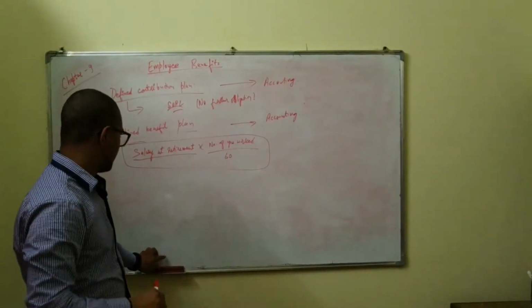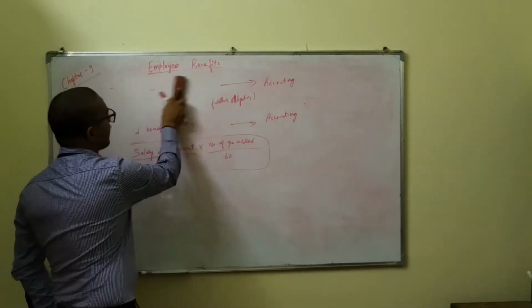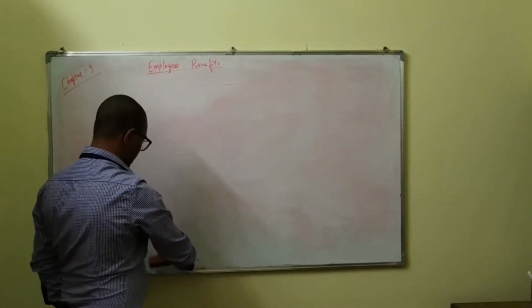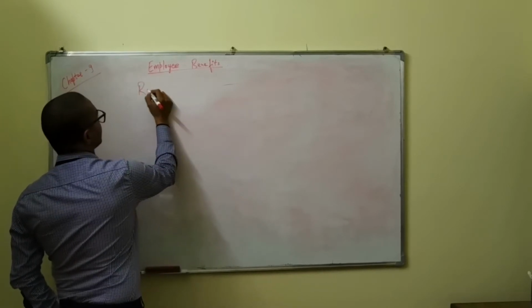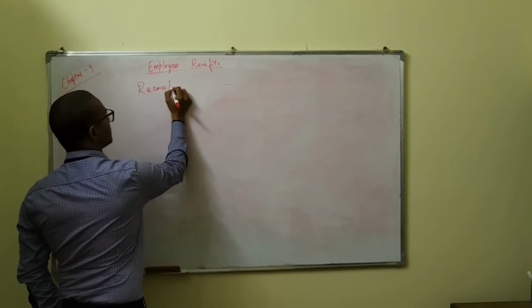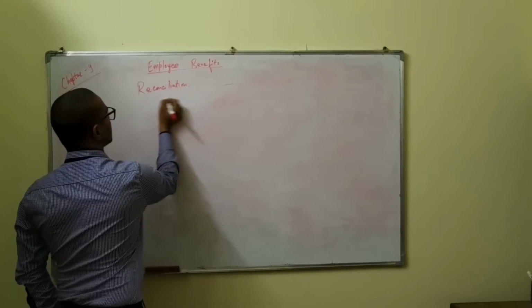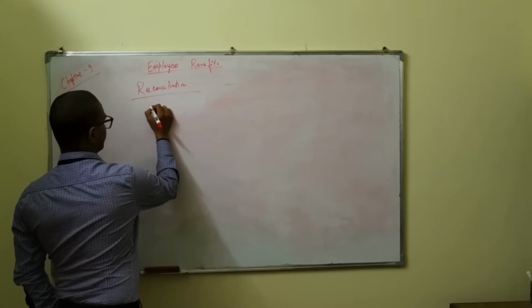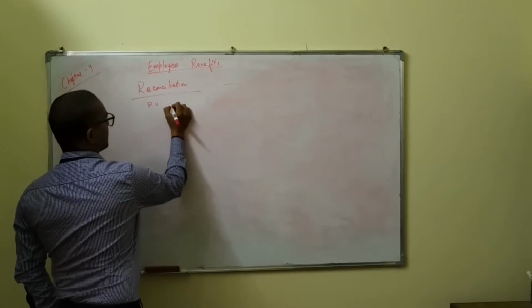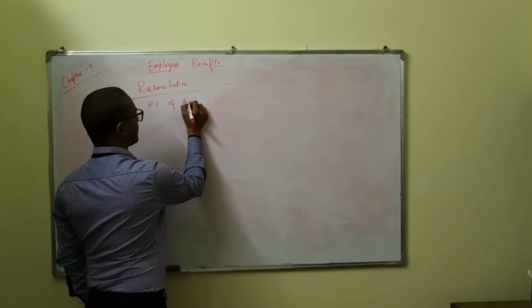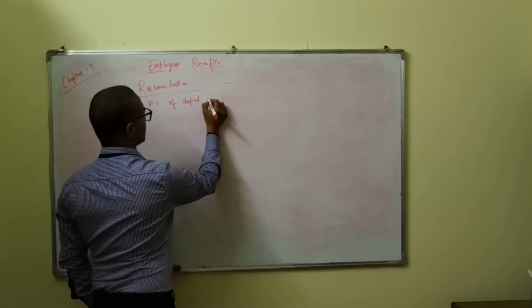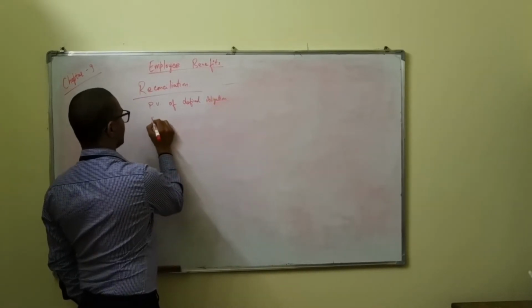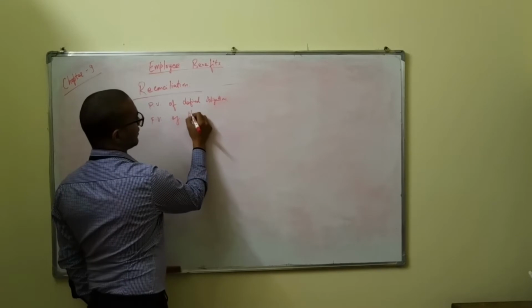So what we will do is make a simple format, which we'll call reconciliation. Present value of obligation, fair value of plan assets.